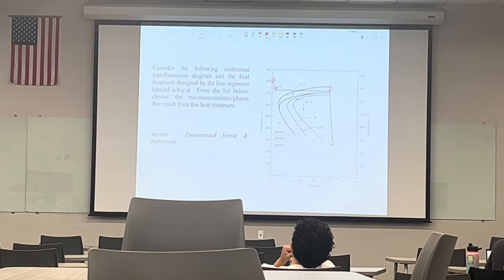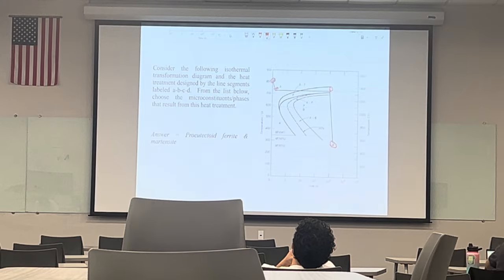This is the line, or the heat treatment, that our system is passing through. From the list below, we have to find the microstructure of this system after the heat treatment is done.